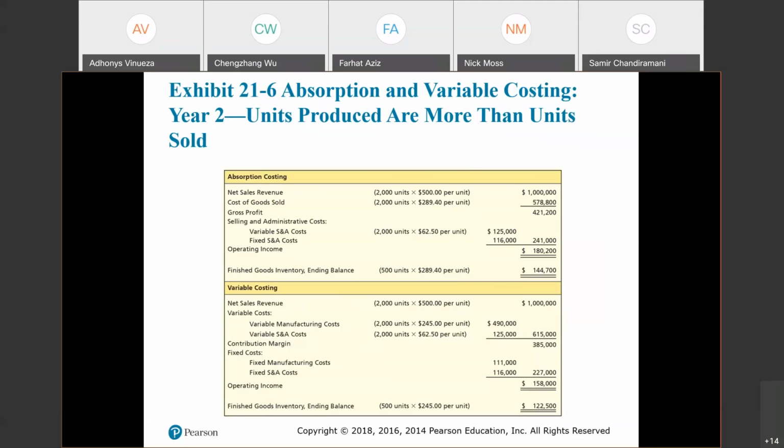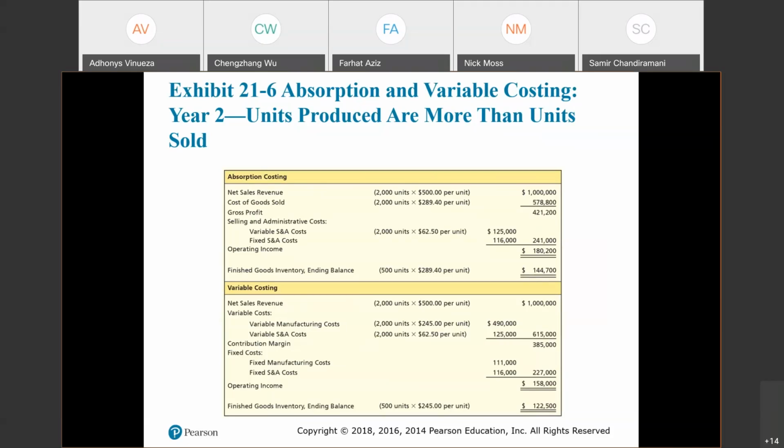In total, the selling and the administrative cost should be $241,000. So we use the gross profit minus selling and the administrative cost. We get the operating income.